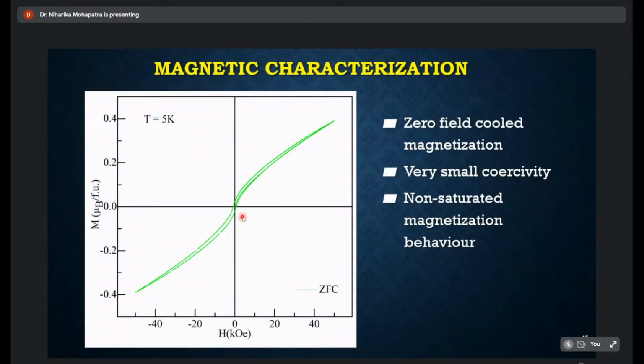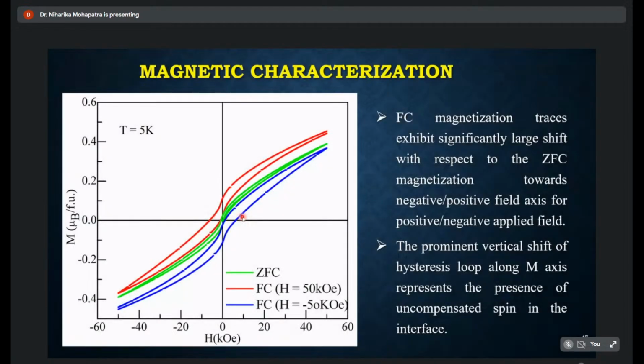Now the same material, if we do field cooling, we get this. This is the field cooled magnetization. After field cooling, we find an enhancement in the coercivity. In addition to that, the loop has been shifted towards the negative side of the magnetization axis.